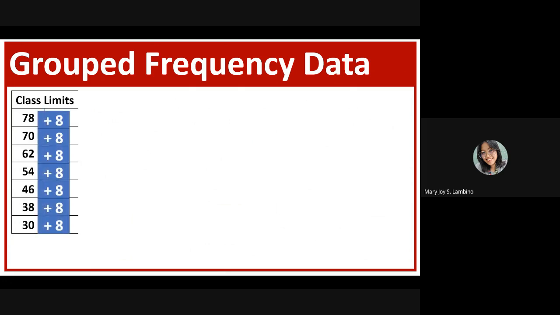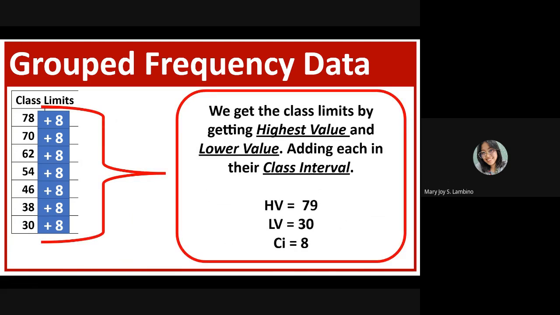All of them are added by 8, which we get by taking the lowest value and adding the class interval each time, where the highest value is 79, the lowest value is 30, and the class interval is 8.